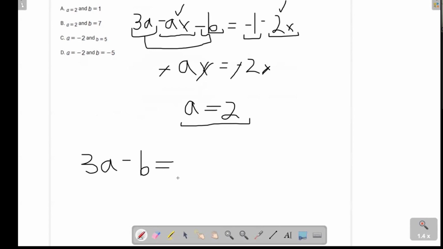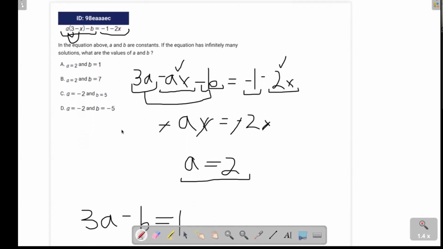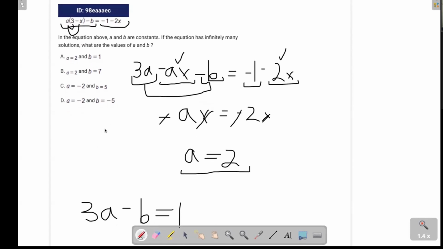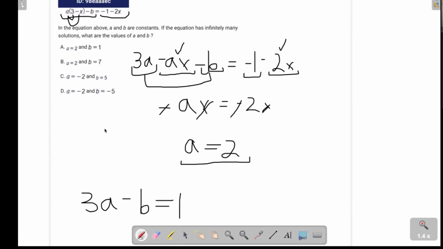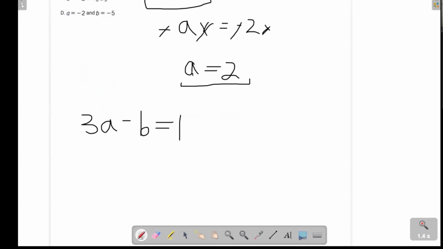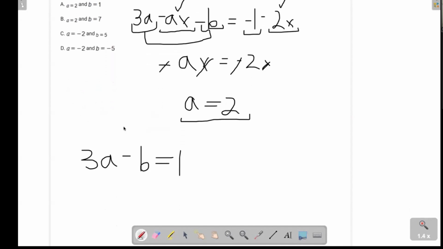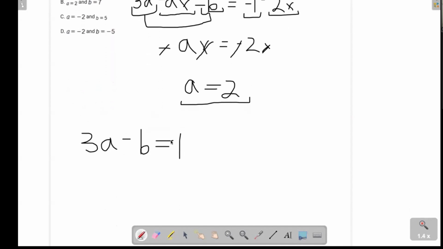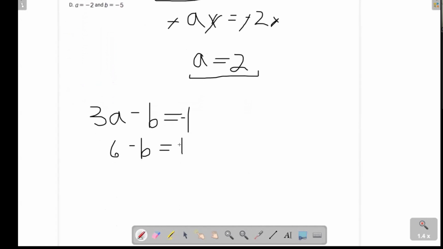And if we know a is equal to 2, then we can plug in this a and you'll get, so this is a negative 1 right here. You'll see that 6 minus b then equals 1. You move the 6 to the other side by subtracting each side by 6.